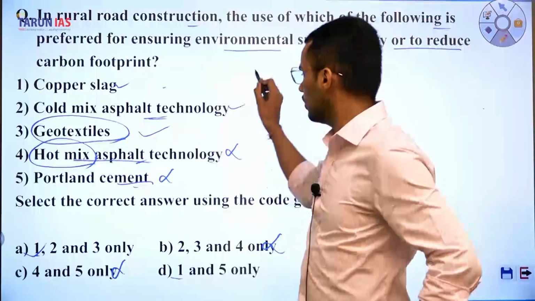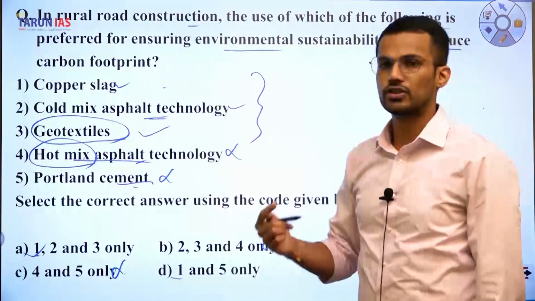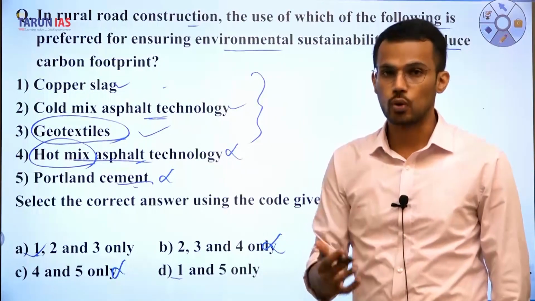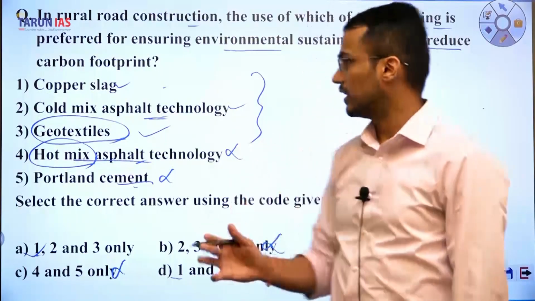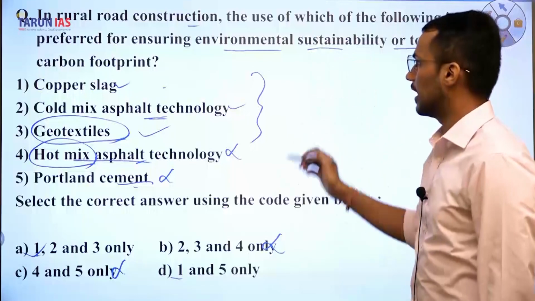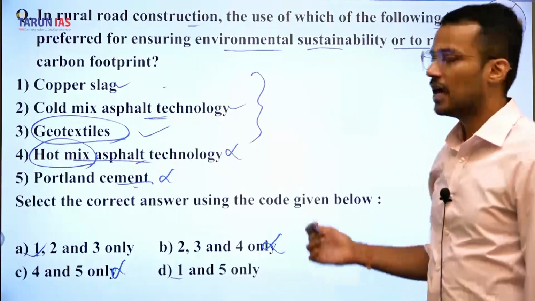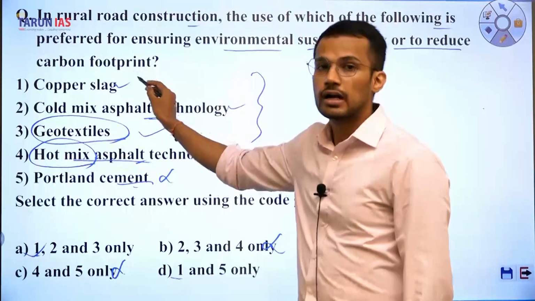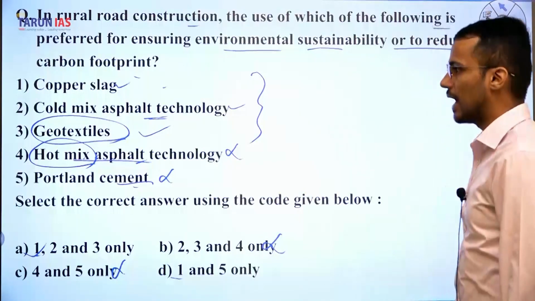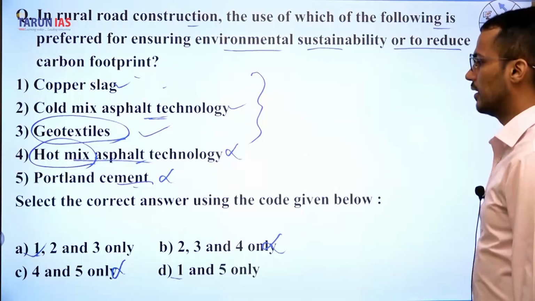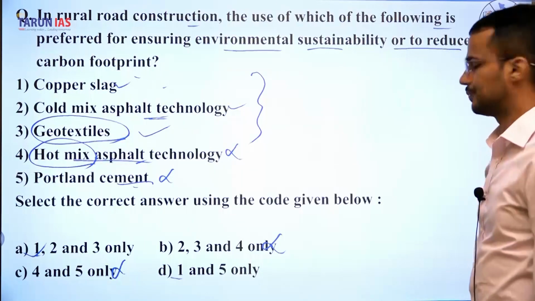And hence, all these can be used for construction of roads in rural areas for greener environmental sustainability, as well as low carbon footprint in rural areas. Fine, and hence the answer is 1, 2 and 3 mentioned in option A.